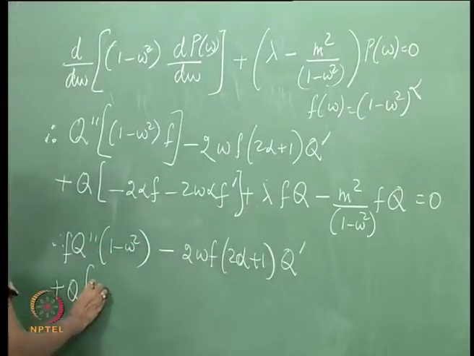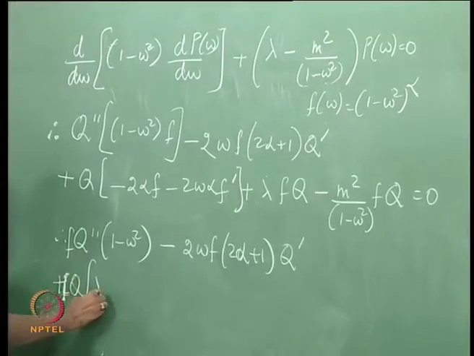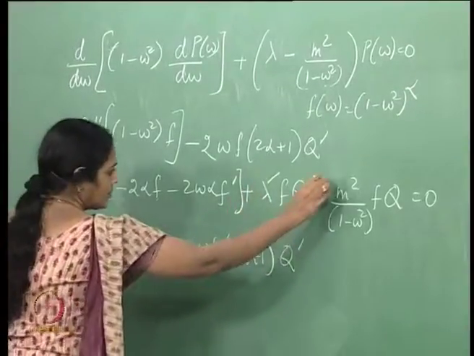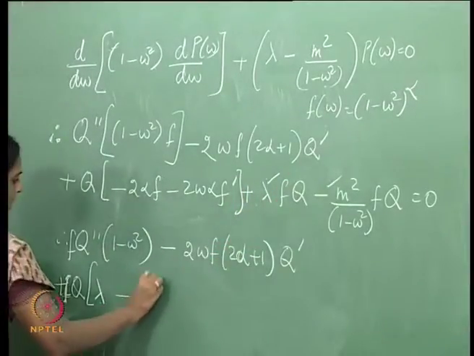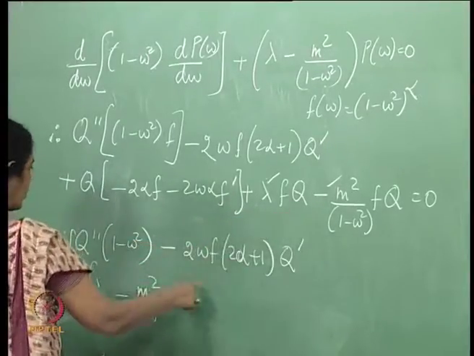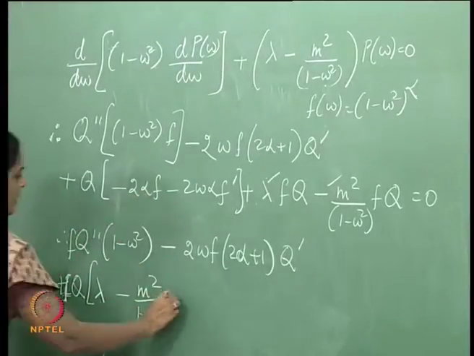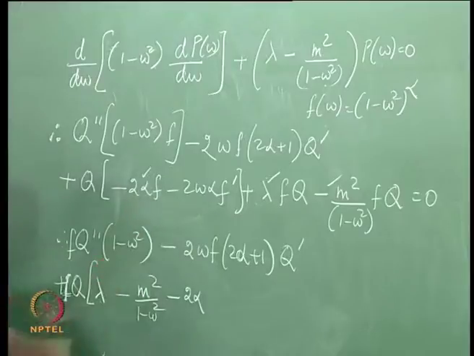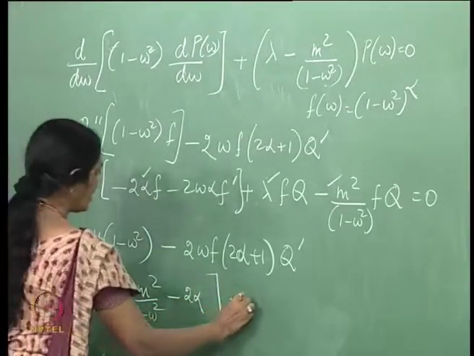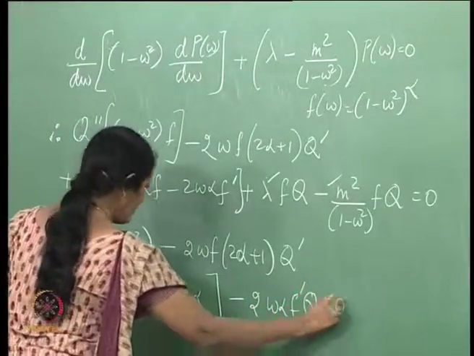There is a lambda, so f q, if I pull that f out, that gives me a lambda minus m squared by (1 - w^2). So that is already there. And then I have a minus 2 alpha f q and a minus 2 w alpha f prime q equals 0.